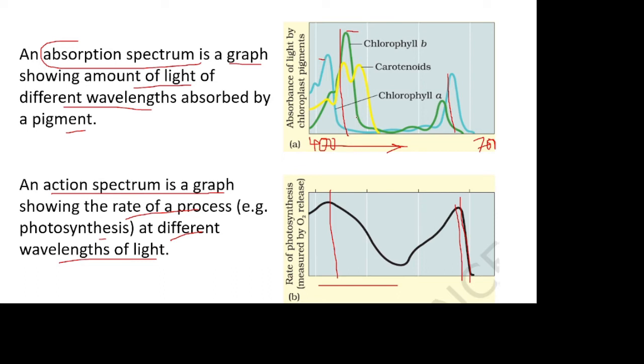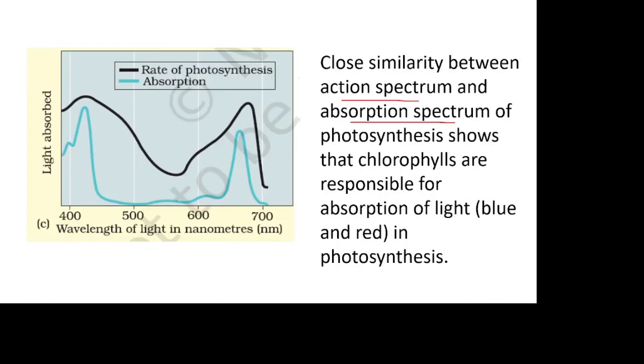When both are compared, we find that the absorption of light, especially blue and red, is responsible for photosynthesis, because we see a very high peak at the blue wavelength and at the red wavelength.